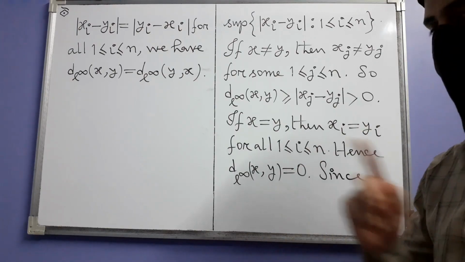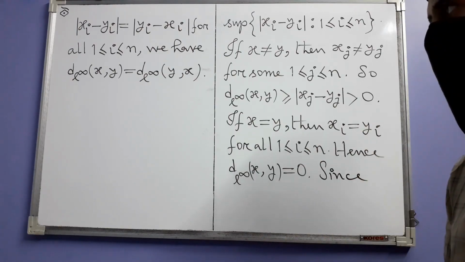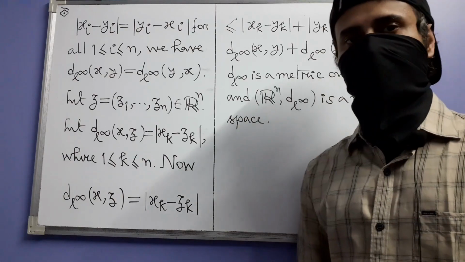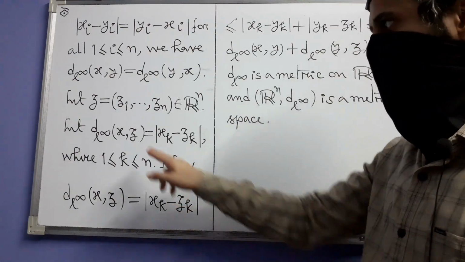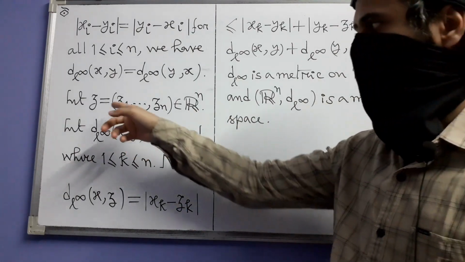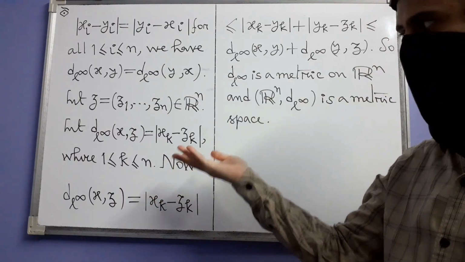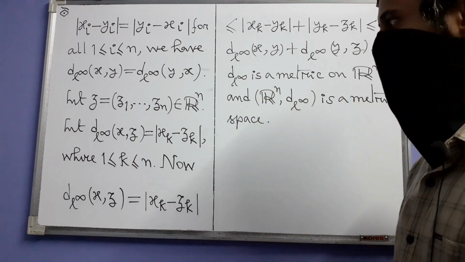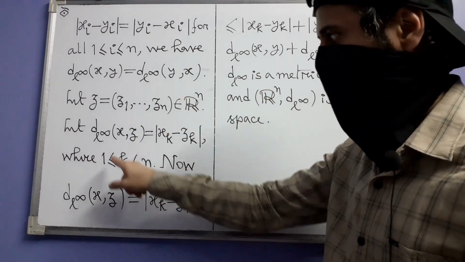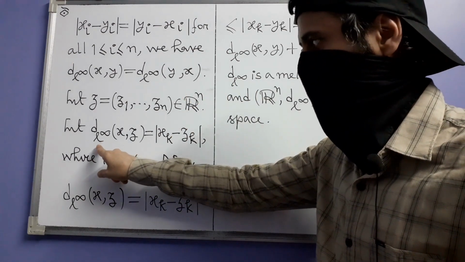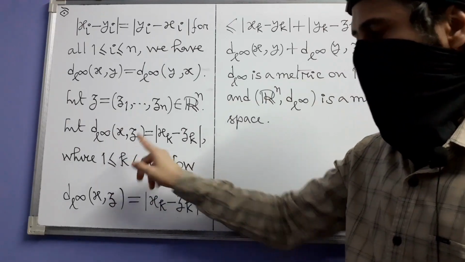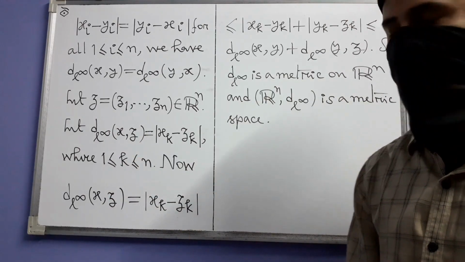And finally we have the triangle inequality. For the triangle inequality, we are going to need another point, so let z be that point. You know this pattern, okay? This also you saw 2 times before. So then what we do, we consider the dl infinity value of x comma z.